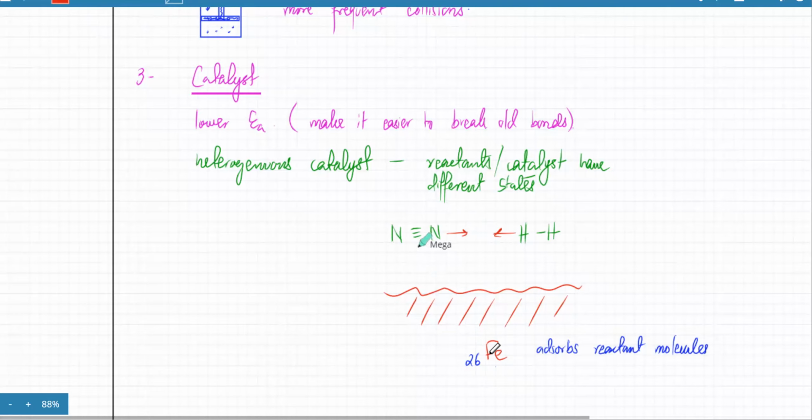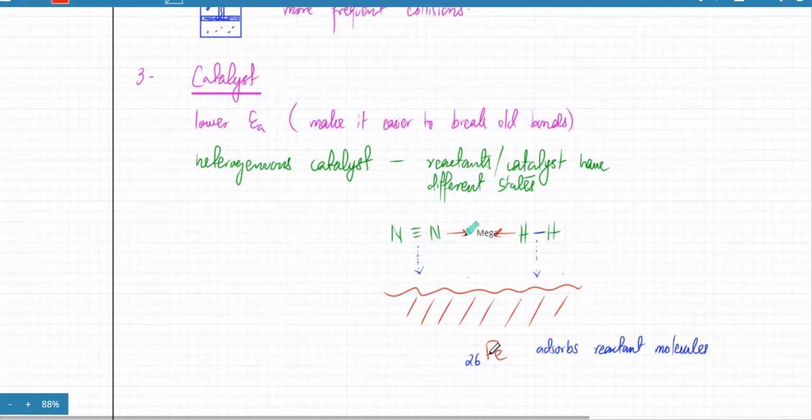So what it does is it sees the triple bond, it sees all these electrons, and it starts pulling on those electrons. That's adsorption. It sees electrons in the bond over here. It starts to weakly attract them, not like a non-metal. A non-metal would strongly attract the electrons. A transition metal would very weakly attract electrons.